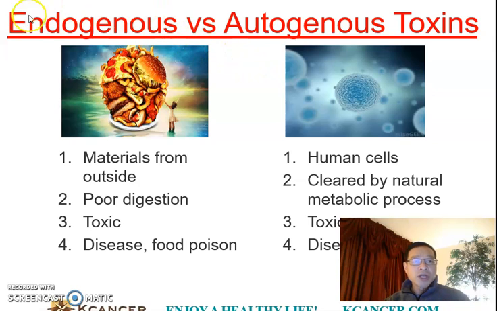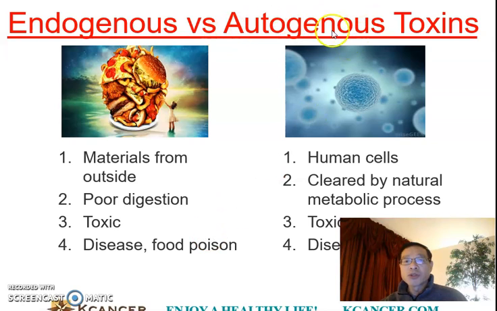The endogenous toxin is generated inside the body, but the original materials, like food, are from outside. If we have poor digestion and over-consume, the food cannot be completely digested, so it will stay in the digestive system. That can produce some toxic material and cause some disease, such as food poisoning.